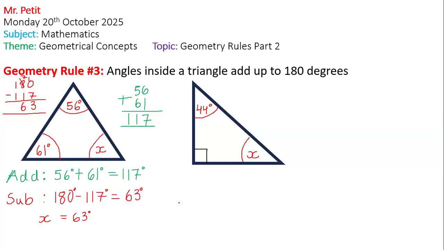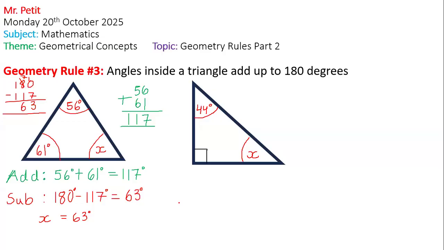All right, any idea on how we're going to figure out what x is? Go ahead, Israel. So since that's a right angle triangle, that would be out of 90 degrees. So it would be 90 degrees minus 44 degrees. 90 degrees minus 44 degrees? You mean plus? 90 plus 44 degrees?